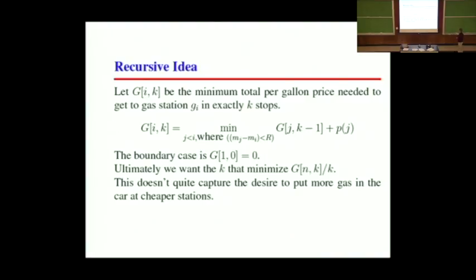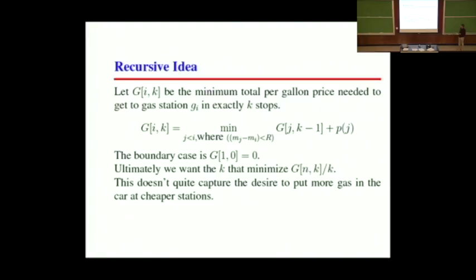I say I minimize over all stations within driving range of me, right? I claim that the cheapest way to get to gas station i in k stops, okay, is I'm going to have to stop before it at some station j. Does everybody see that? If I stopped, I want to now know what's the total price per gallon that people have paid getting to j using k minus 1 stops.